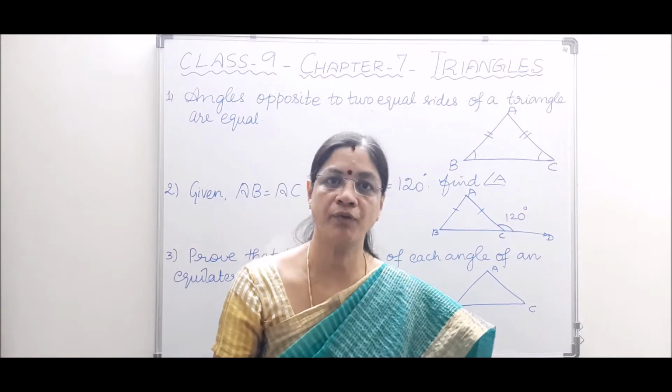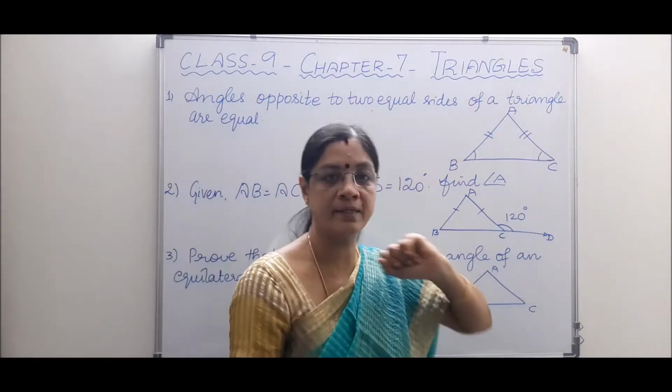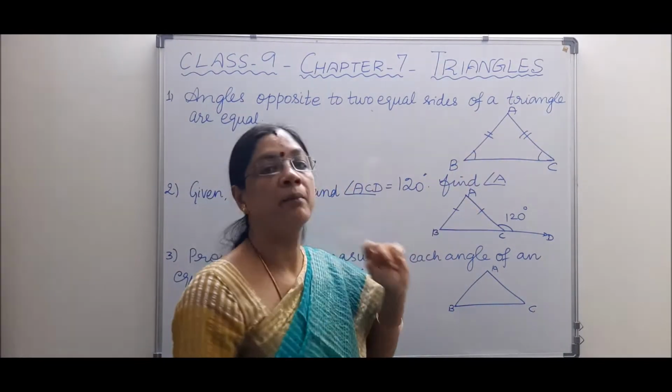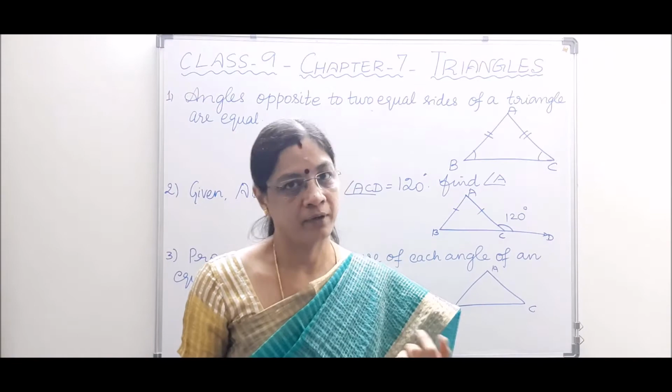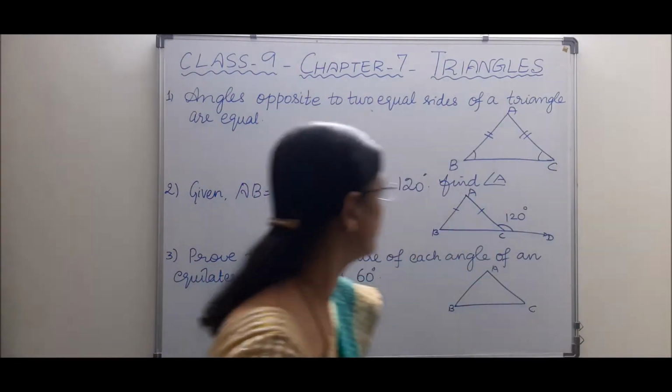So in the case of an isosceles triangle, if two sides are equal, we need to prove the angles opposite to them are also equal. This is wonderful, isn't it? So let's try to prove. How do we prove it?